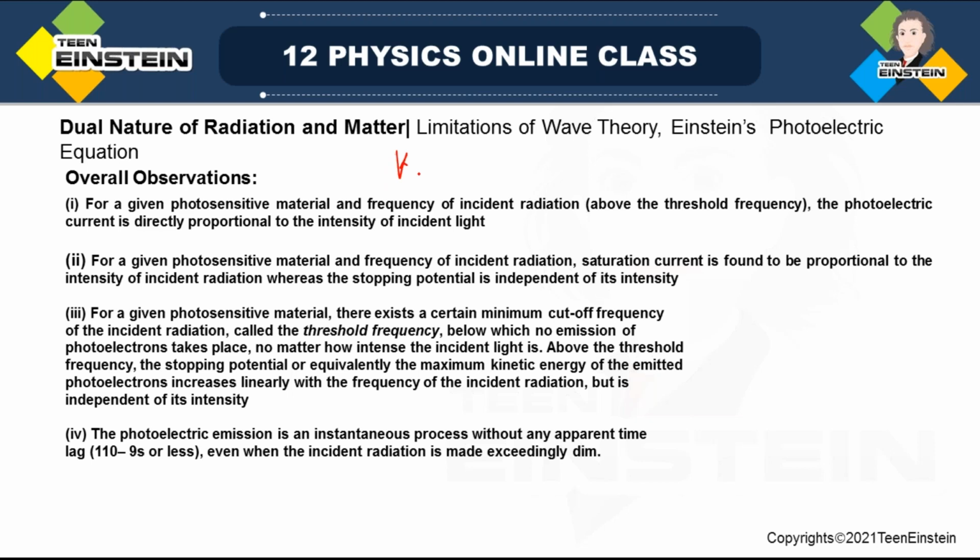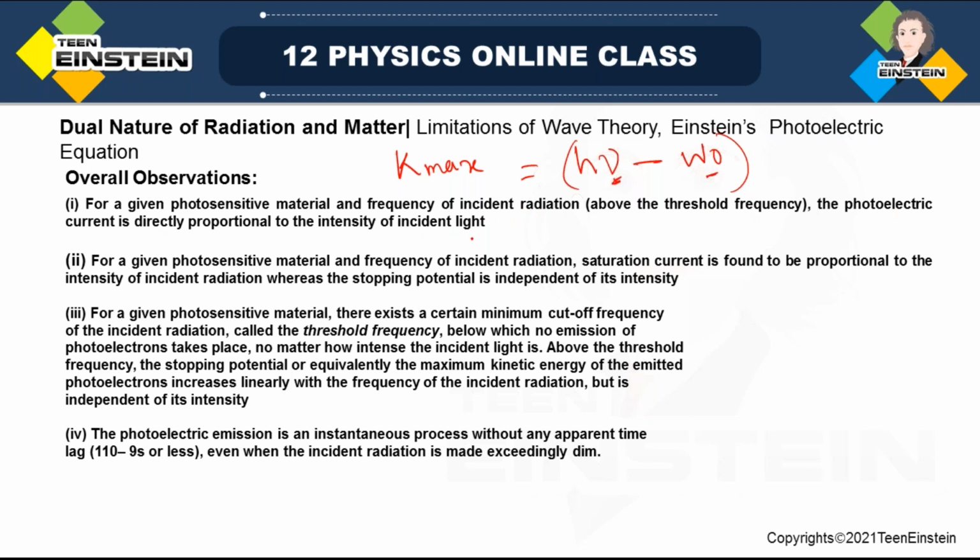According to Einstein's equation of photoelectric effect, K max, the maximum kinetic energy of the emitted electrons, will be equal to the energy of the incident photon minus the energy which is related to the metal surface, which is called work function. Now look, for a given photosensitive material and frequency, this is fixed and this is also fixed.